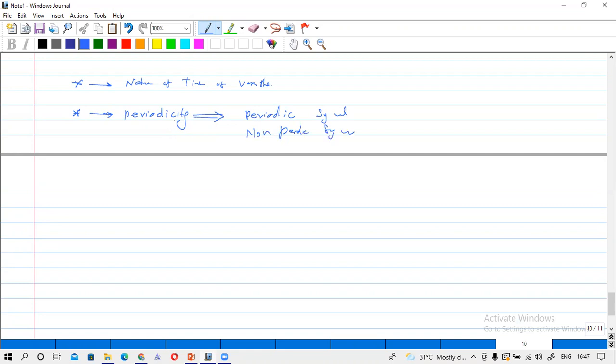This periodicity means repetitiveness. That means if the signal is repeating, we call it a periodic signal.